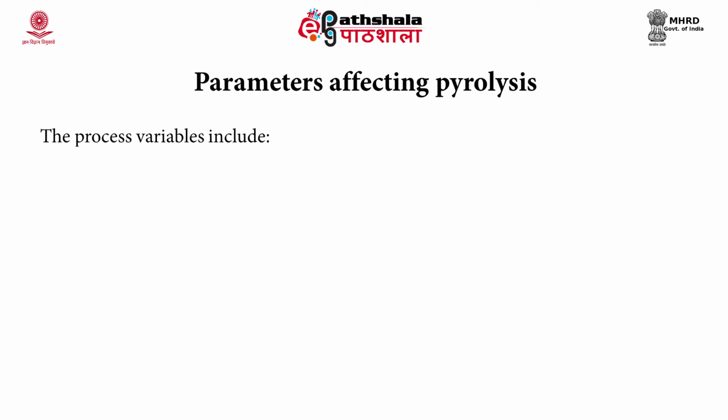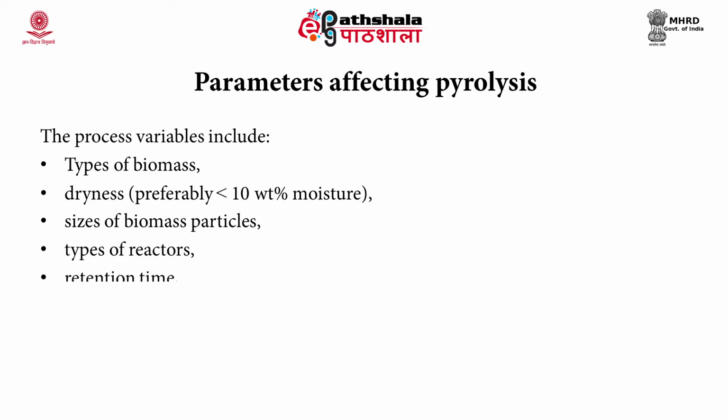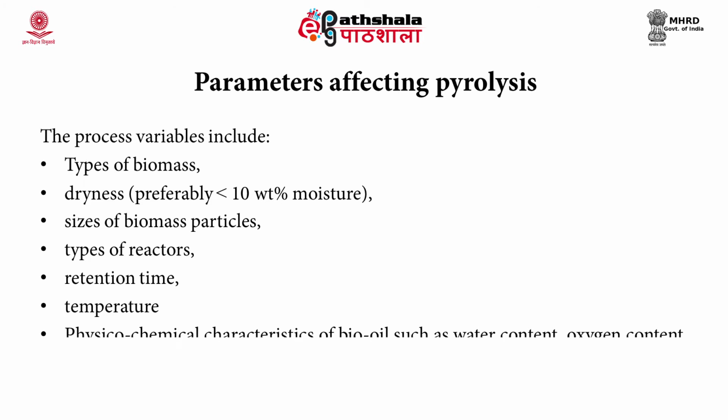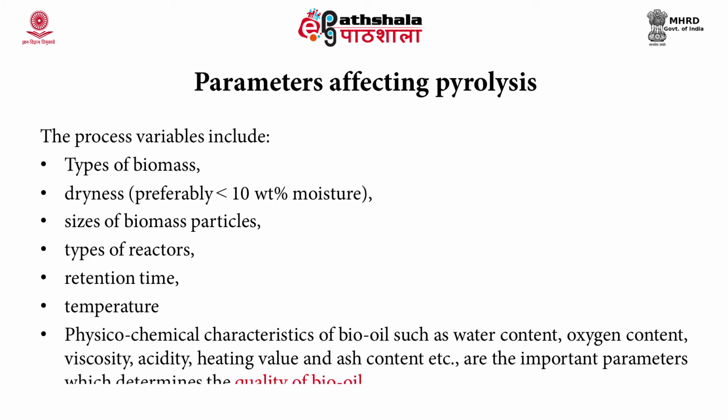The parameters include type of biomass which is to be used for the pyrolysis, dryness, it prefers less than 10% moisture content in it, the size of biomass particle, type of the reactors, retention time and temperature. Physicochemical characteristics of bio oil like water content, oxygen content, viscosity, acidity, heating value and ash content are important parameters which determine the quality of bio oil.